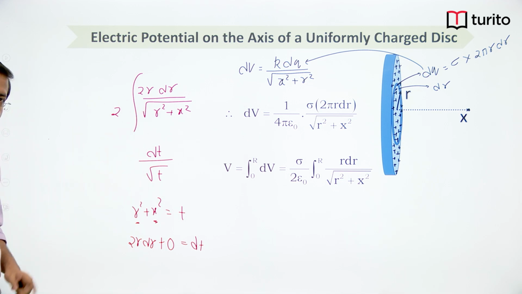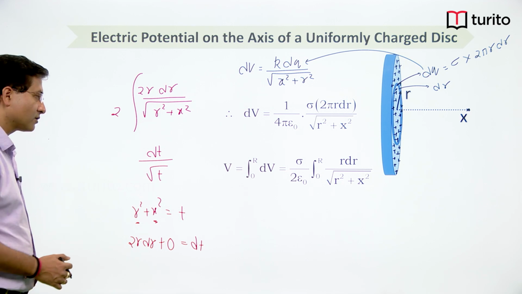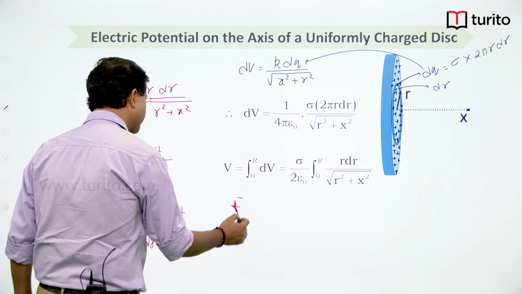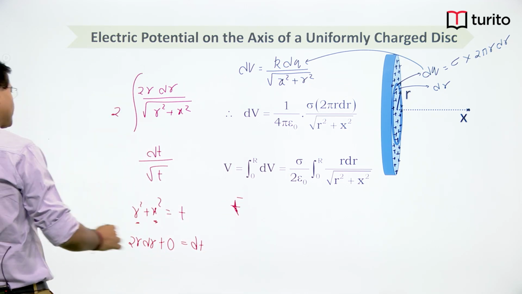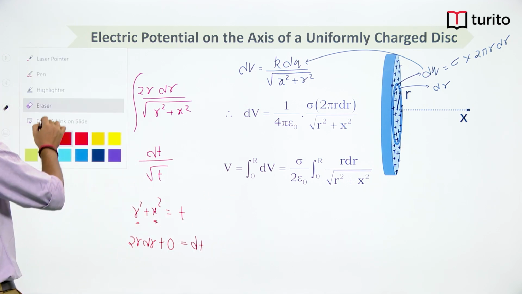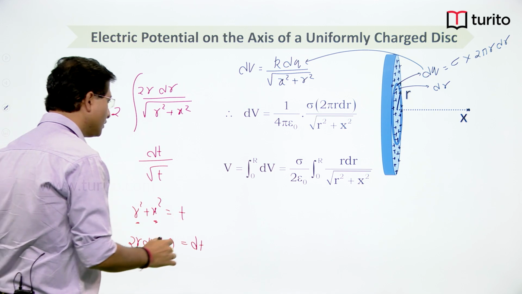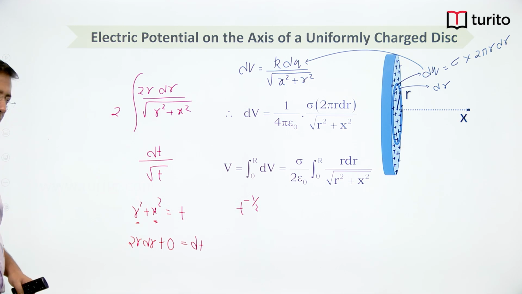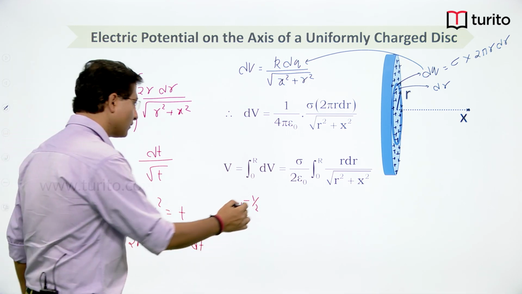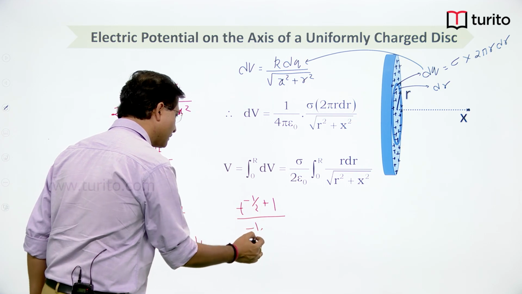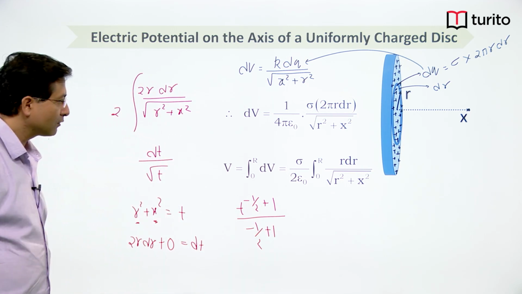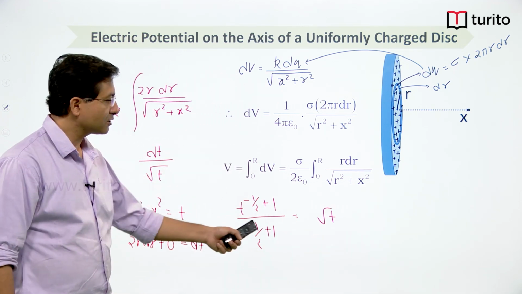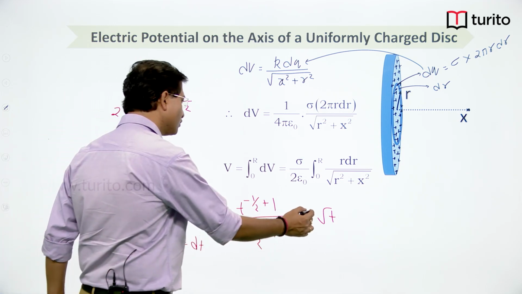So, after simplification I will get this integration of this term. t to the power minus 1 by 2, if you get this term in the numerator, after integration you will get 1 divided by plus 1 by 2, that means 2 will come here.